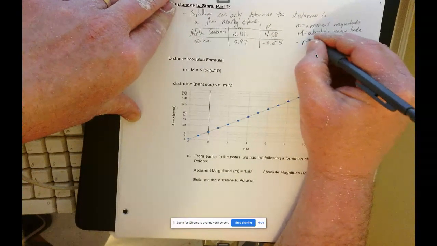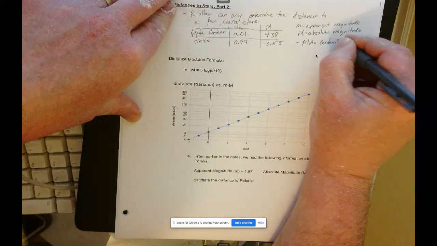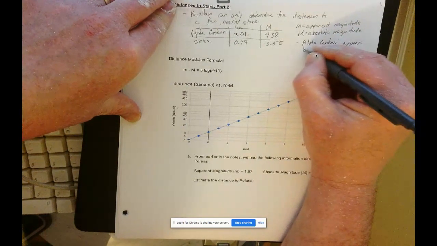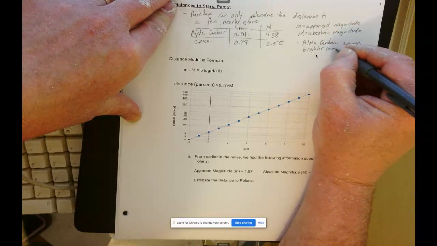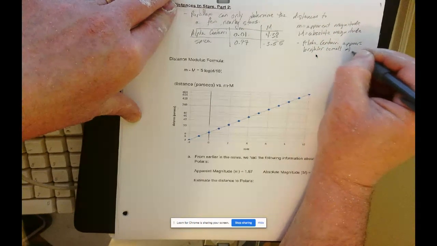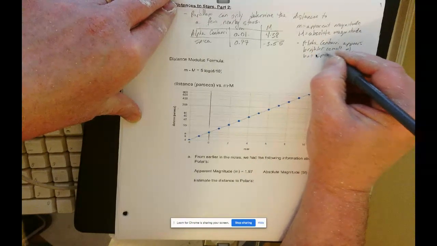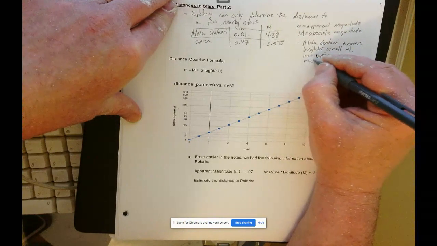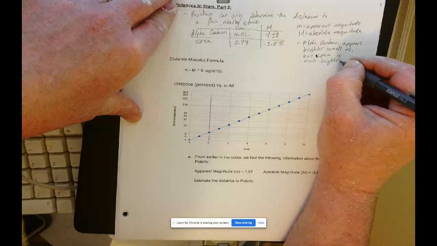So Alpha Centauri appears brighter as a small m. But Spica is much brighter, actually.